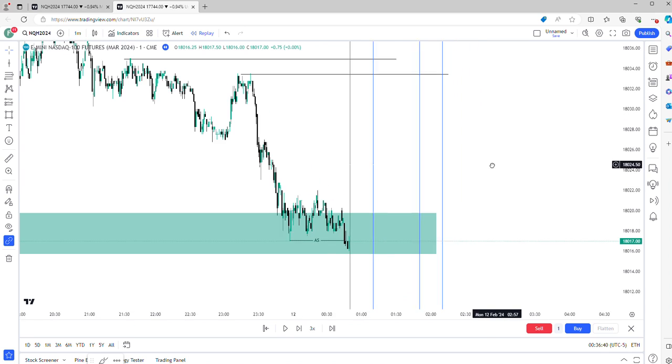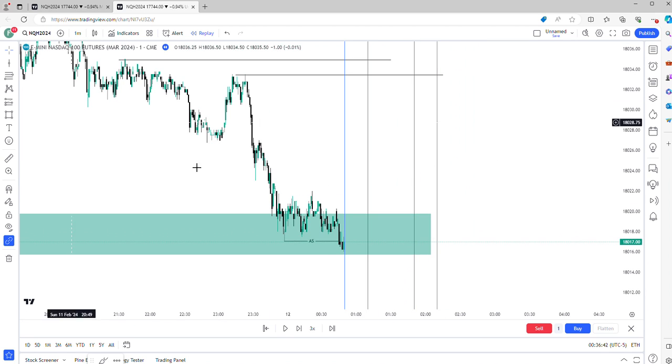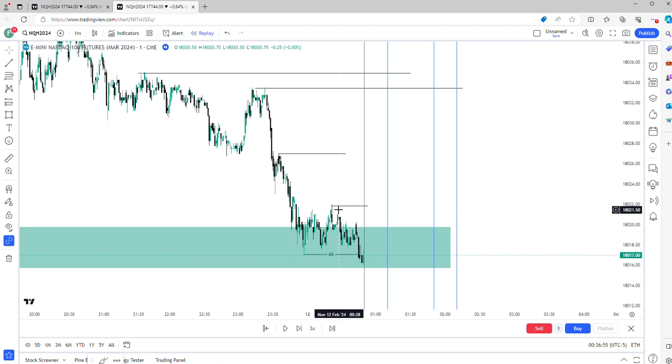Now, what do I see here? I see all this accumulation here, and I see all these swing highs ready for taking. So all these points are also intermediate or short-term liquidity points.